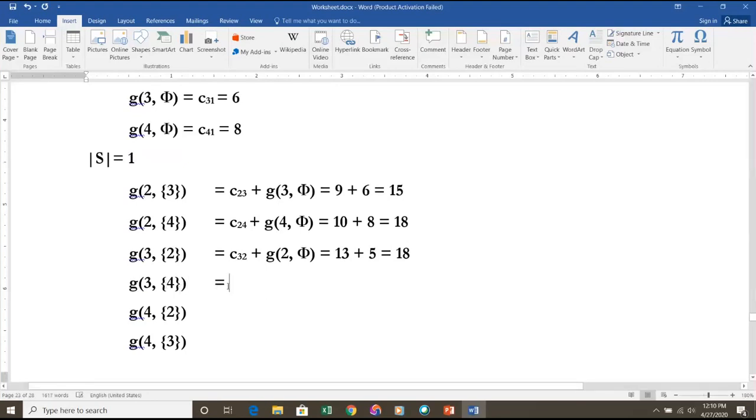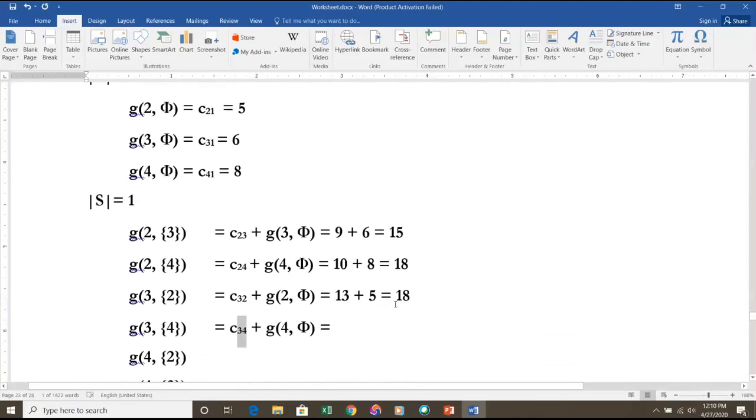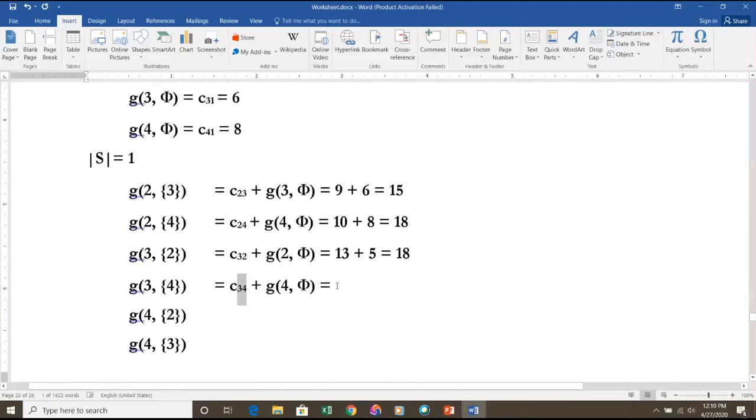It is c of 3 to 4 plus g of, start from 4 now because you have taken 4 here. If you remove 4 from this set, it becomes a null set. C of 3 comma 4 is 12, plus 4 comma 5 is 8.